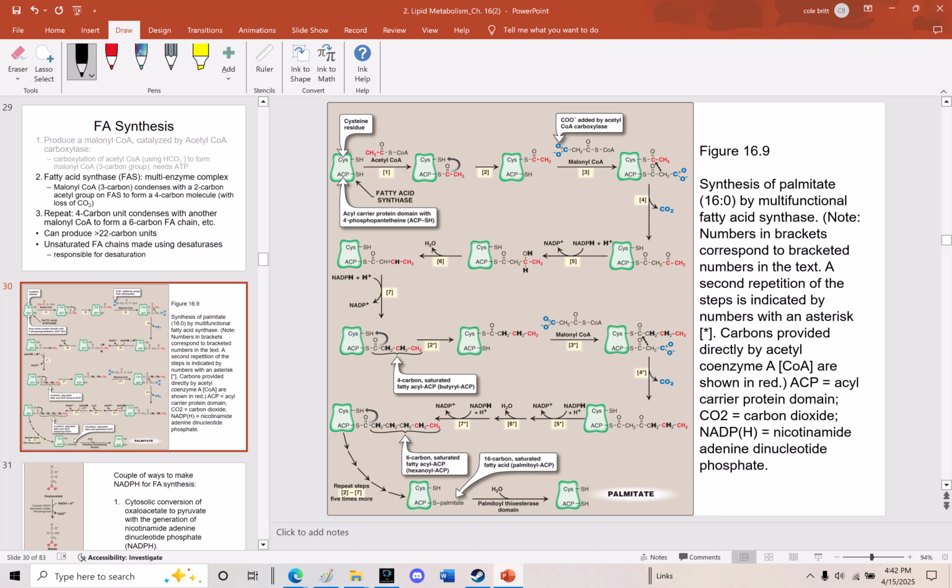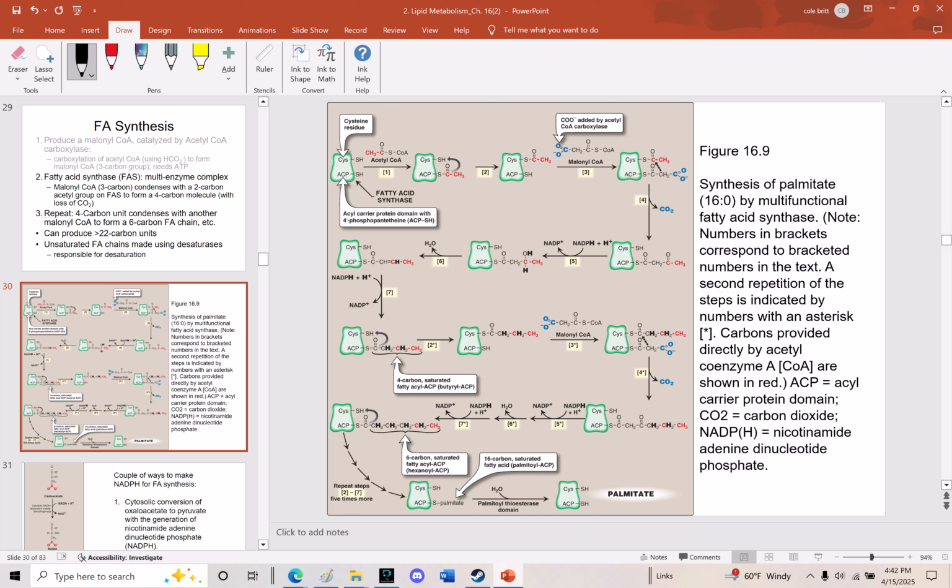And then we're going to do this again. We're going to add another malonyl-CoA, which is a 3-carbon. So we just keep adding more and more malonyl-CoAs over and over, and this happens in all of these 7 steps. But essentially all it is is us taking the original acetyl-CoA that's attached to the fatty acid synthase here.